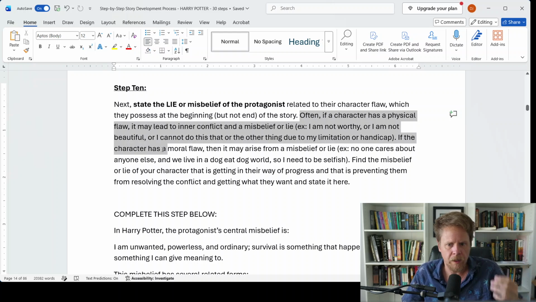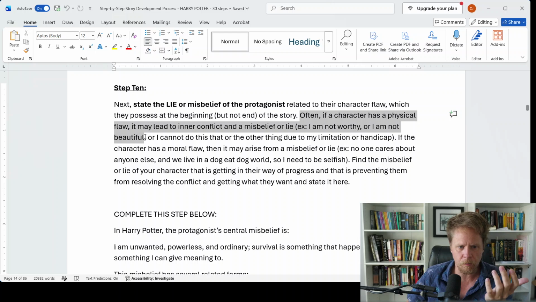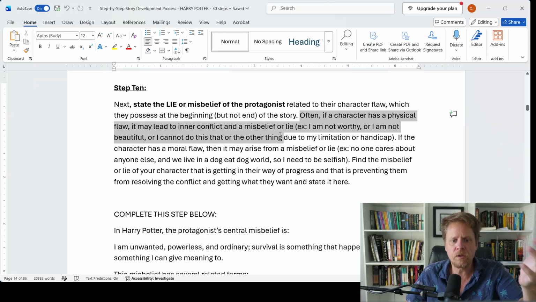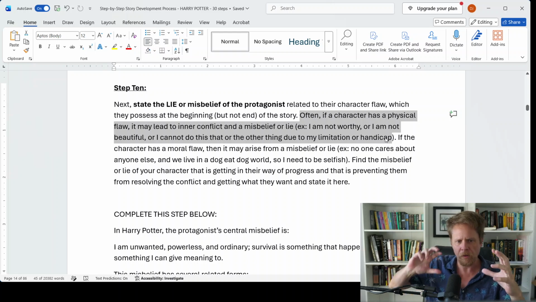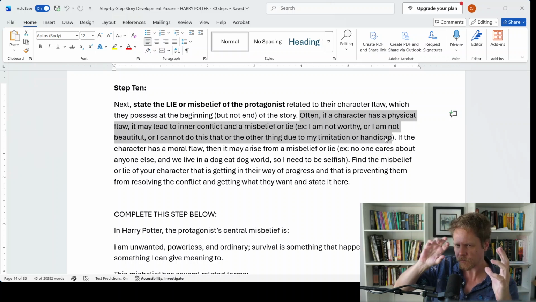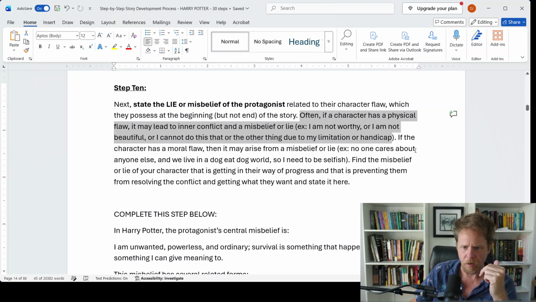Or I am not beautiful because I have a crippled foot, right? Or I cannot do this, that, or the other thing due to my limitation or handicap, right? So often if there's a physical flaw, it's pretty easy to see how that might create a misbelief about the protagonist, him or herself, right?